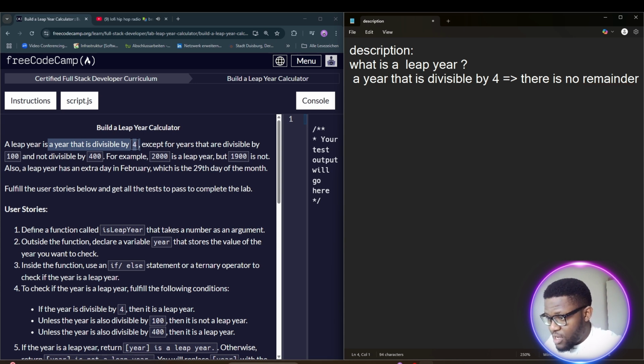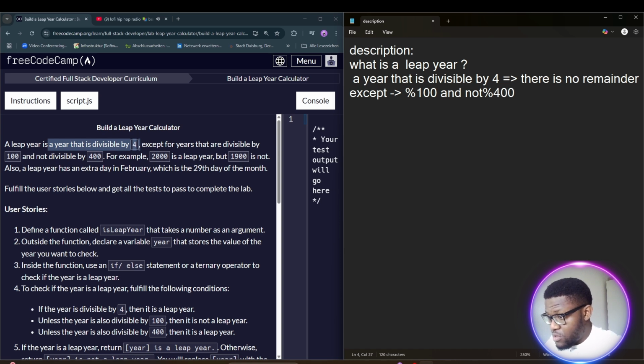A leap year is a year that is divisible by 4, except for years that are divisible by 100 and not divisible by 400. Let me note this down: 400.